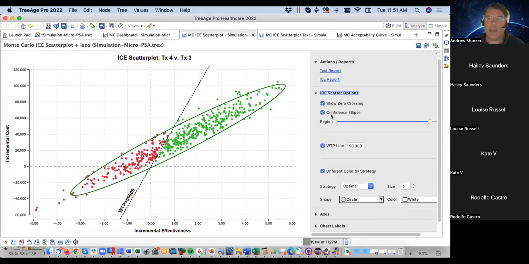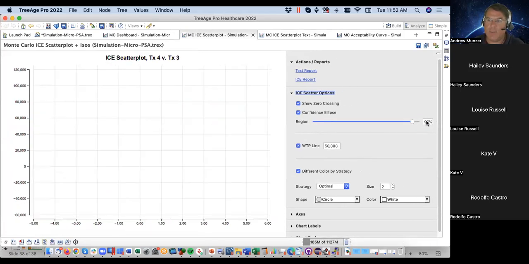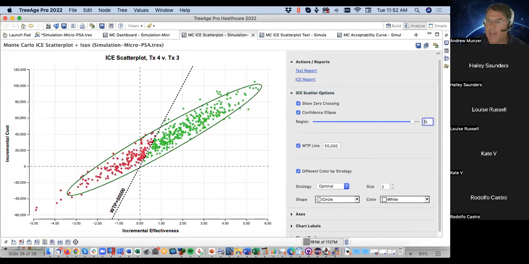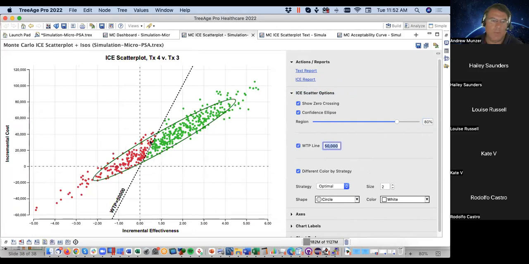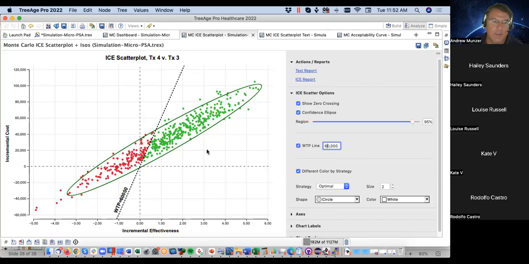And now I can say, I don't care about the zero line crossing, or I don't want to see the ellipse, or I want the ellipse to be smaller. I want it to be, let's say, 80% of my points within the ellipse, or I can go back to 95%. Or I don't want the willingness to pay at 50,000. I want it to be 60,000, right? And it'll just adjust them.